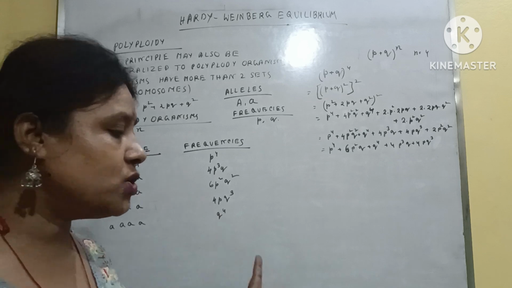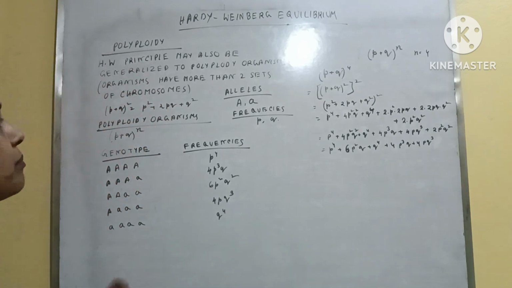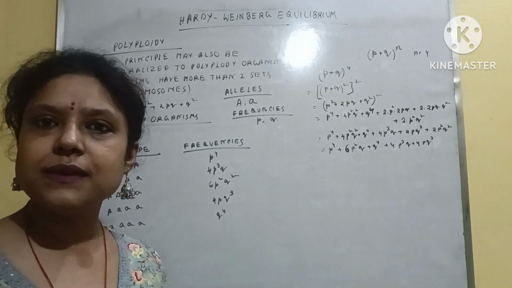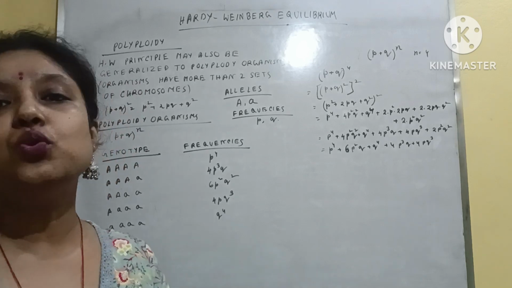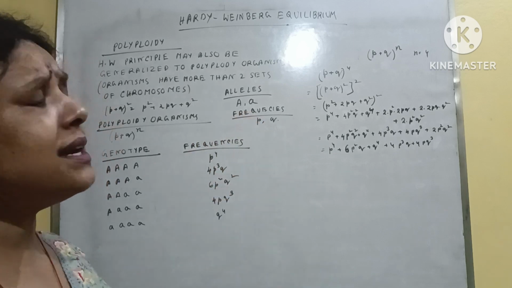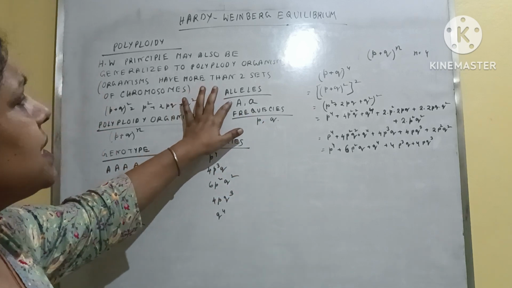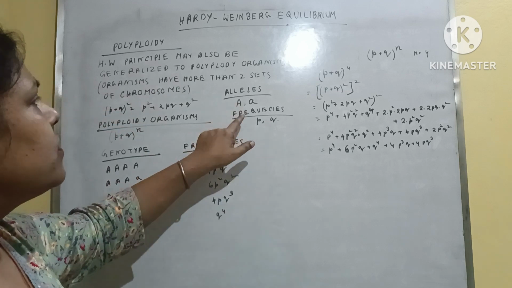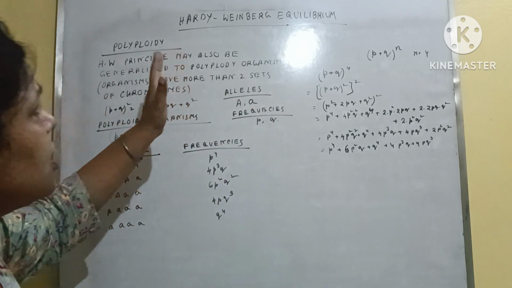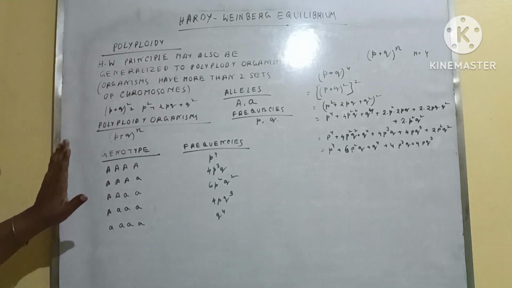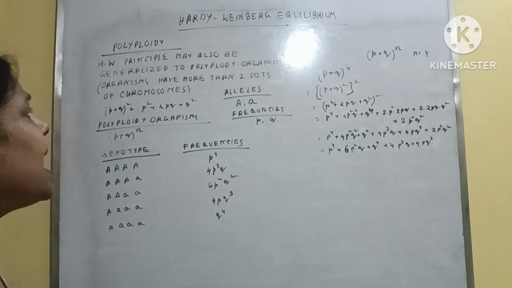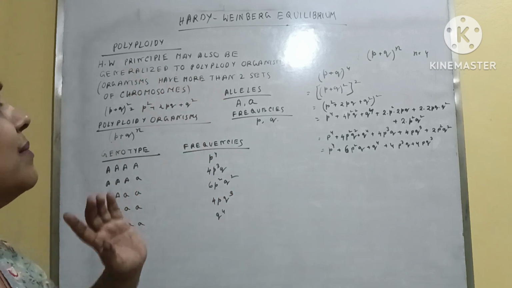Okay, here I will try to explain polyploidy. You all know what polyploidy is: organisms that have more than 2 sets of chromosomes are known as polyploids. Suppose the two alleles are capital A, small a, and the frequencies are small p and small q. According to Hardy-Weinberg equilibrium, polyploid organisms also follow this equilibrium.